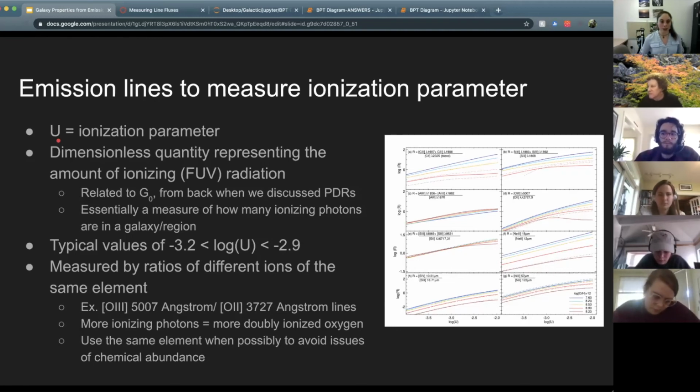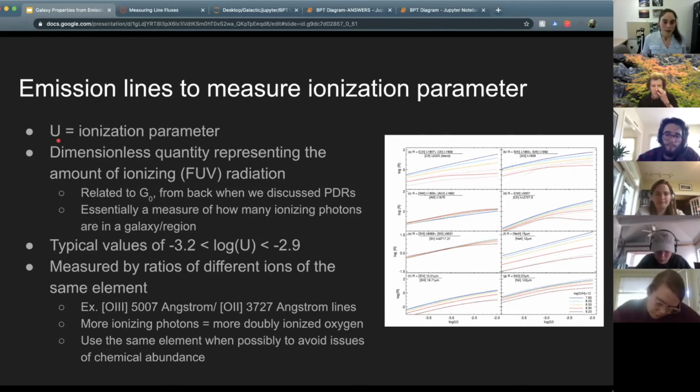So essentially U tells us how much radiation in a galaxy is able to ionize hydrogen, so any radiation with energy above 13.6 eV, electron volts. This is pretty much just FUV radiation. A lot of times U is just the radiation from 6 to 13.6 electron volts.